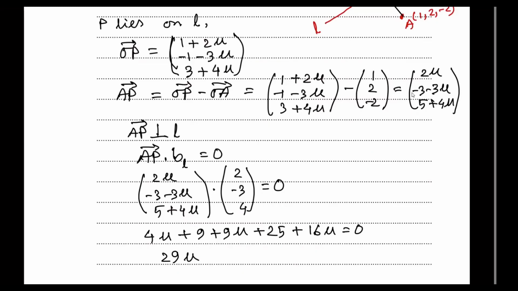My bad, here I made a mistake. So we have 29 mu plus 29 equal to 0. Therefore, mu equal to minus 1.